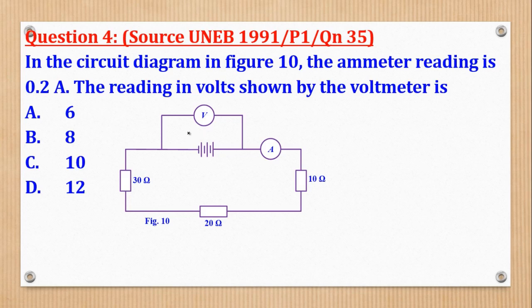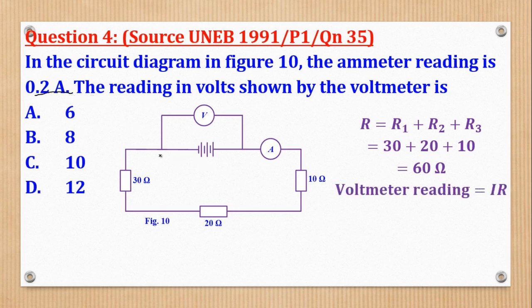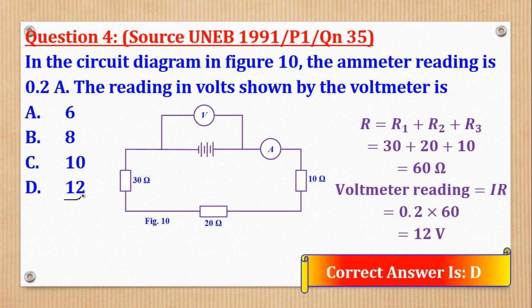So to get total PD, you need total resistance. Therefore, we shall first get the total resistance by adding all the individual resistances to come up with 60 ohms. After total resistance, and we know total current, we can get the total PD, which is the voltmeter reading, I times R, to give you 12 volt. That means that option D is the correct answer.